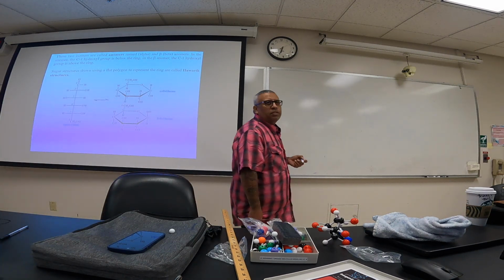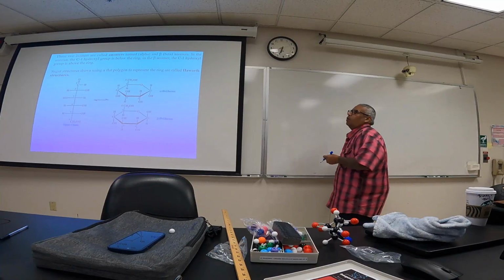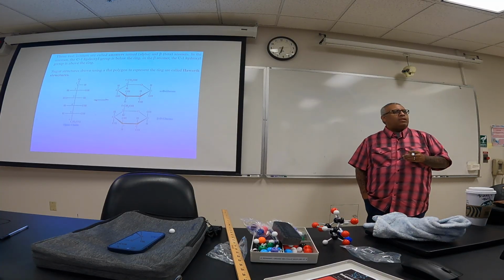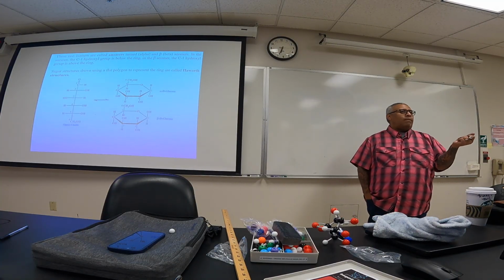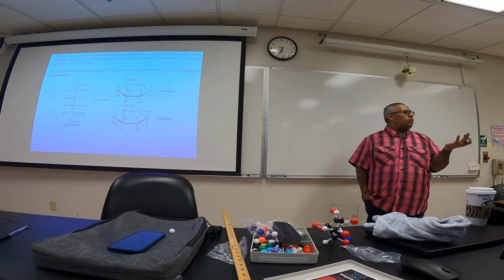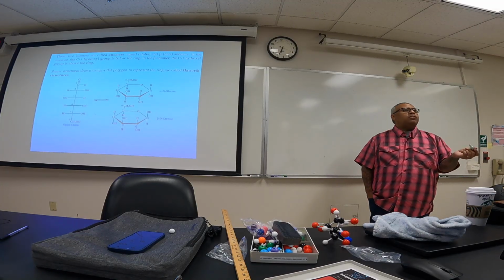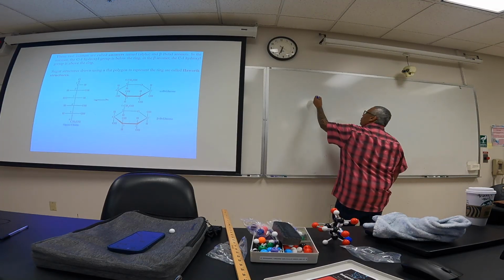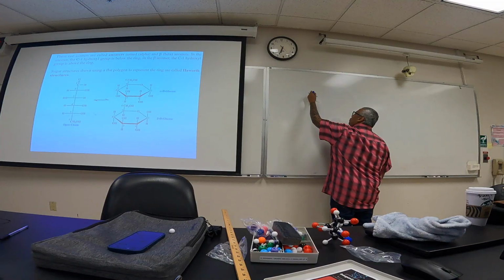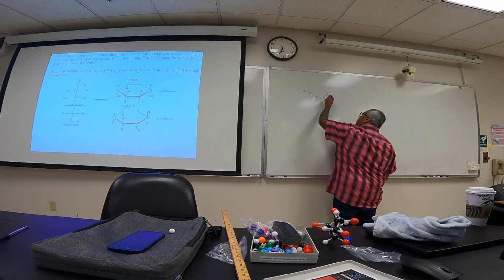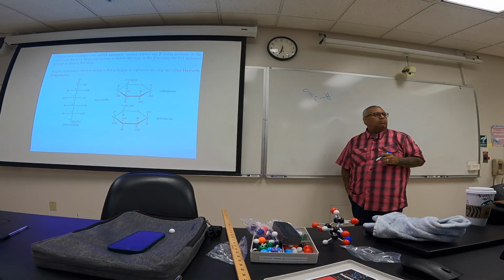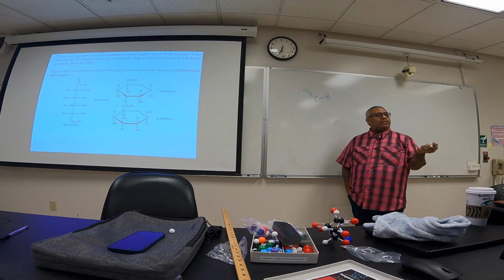As far as the Fisher projection goes, you have to memorize a couple things about glucose. One, glucose is an aldose sugar. And everybody here should know what an aldehyde functional group looks like. Glucose has 6 carbons.